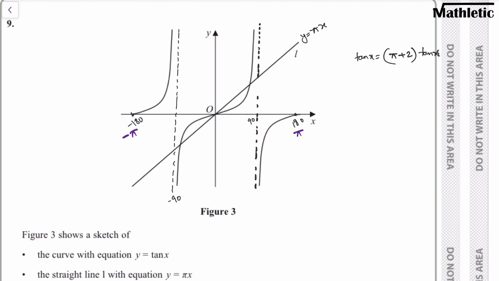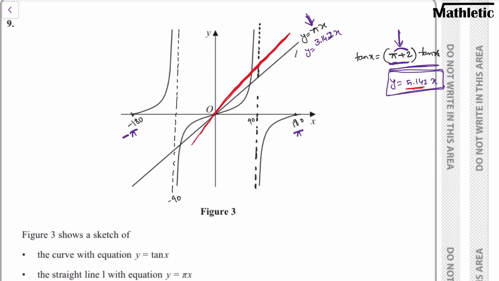So let me just show you how. This line has a gradient of pi, whereas the line we need to work with has a gradient of pi plus 2. If I use numerical values, suppose 3.142 x, and this one is actually 3.142 plus 2, so 5.142 x. So this is also a straight line passing through the origin, but with a greater gradient. You do not need to sketch this line, but let me just show you here for a better understanding, so that you can imagine it.